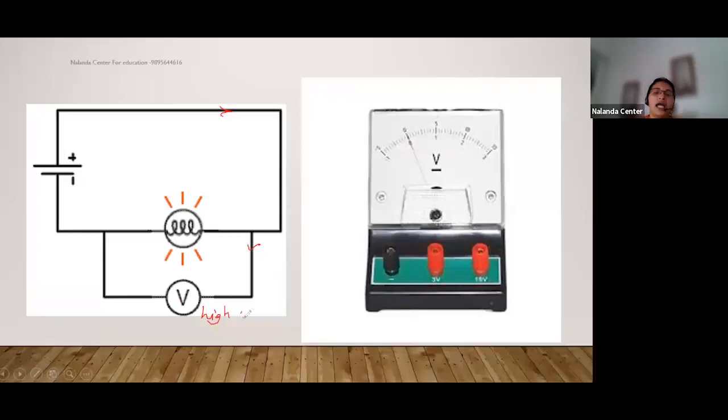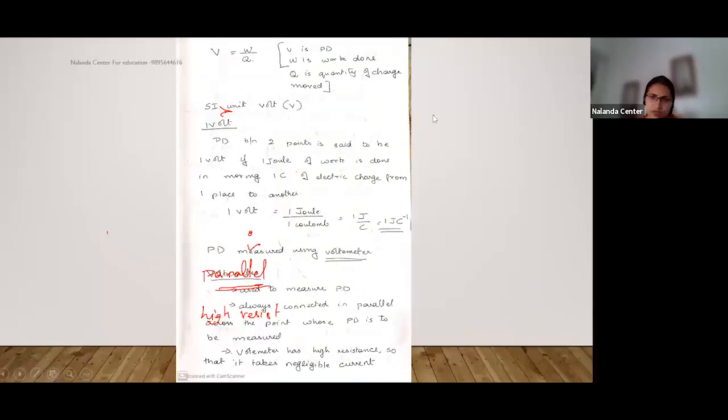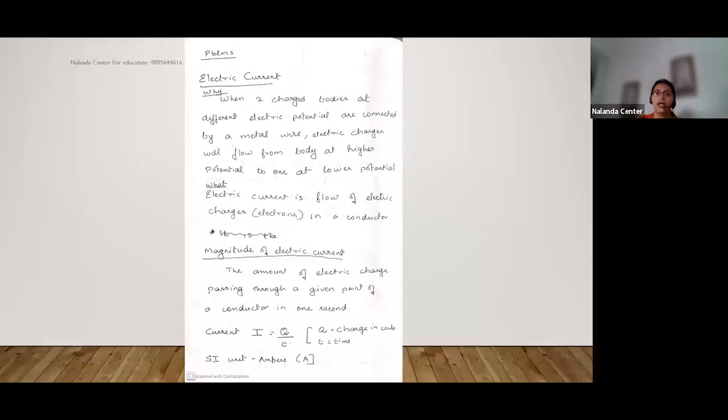It has high resistance, and the voltmeter is always connected in parallel. This connection is known as parallel connection. It is always connected in parallel across the points where the potential difference is supposed to be measured.